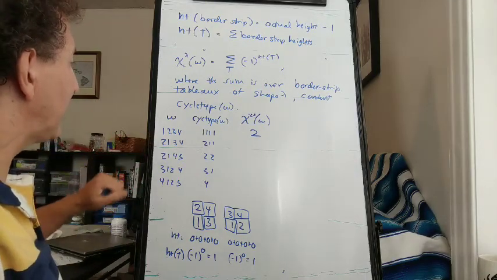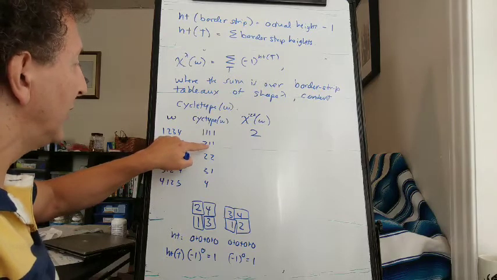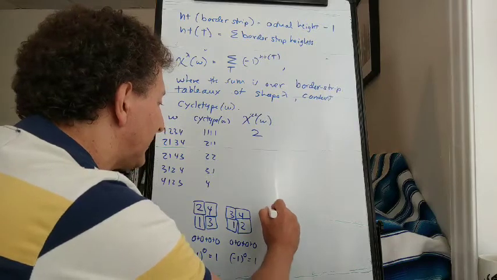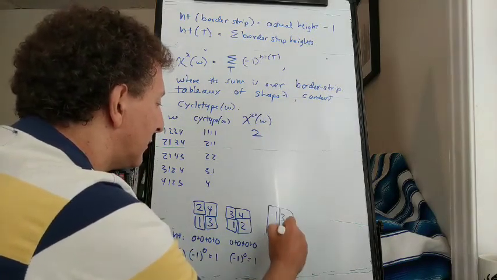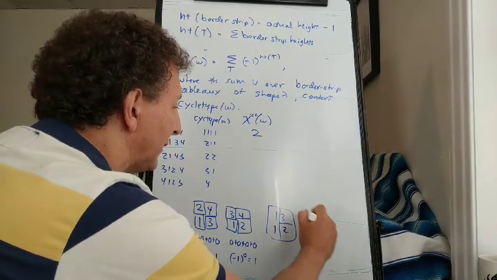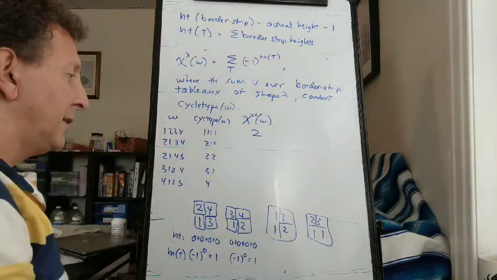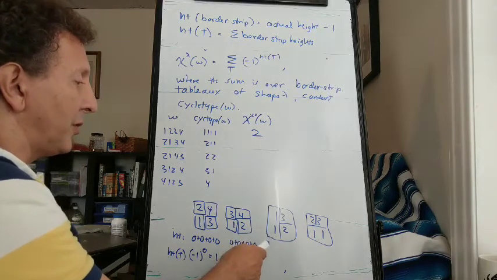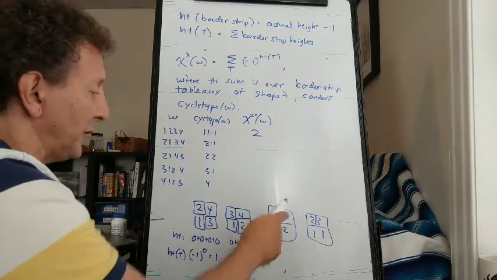Now let's look at 2, 1, 3, 4. This has cycle type 2, 1, 1. So we're going to put in 2 1s, a 2, and a 3. So we could put the 1s in the same column, and 2 and 3 there. Or the 1s in a row, and then 2 and 3 there. Now the normal heights of these border strips are 2, 1, and 1, but we're going to count them as 1, 0, and 0.